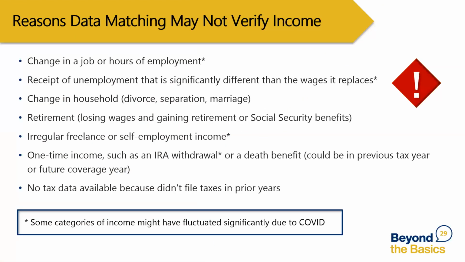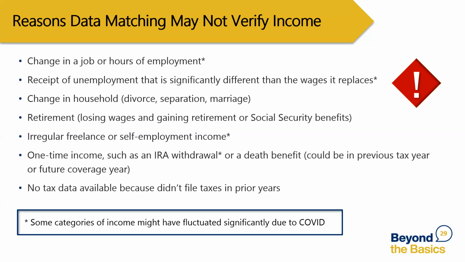So as Shelby touched on earlier, there are many reasons that data matching might not verify income. And again, some of these may be significantly more true because of COVID. So first, people could have a change in their job or in their hours of employment. For instance, if someone worked retail, maybe they will plan to work more or fewer hours in 2022 than they did in 2020.